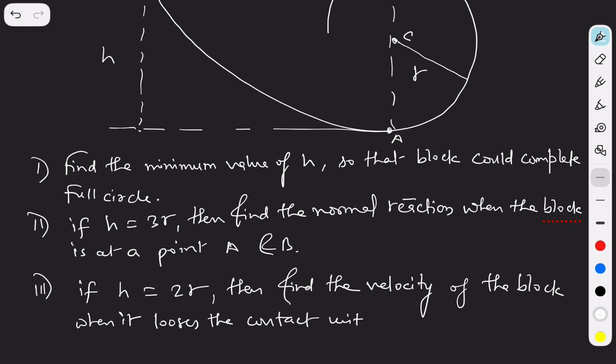So guys, these are the three problems associated to this question. It's a good problem to understand the concepts. So let me start with the solution.